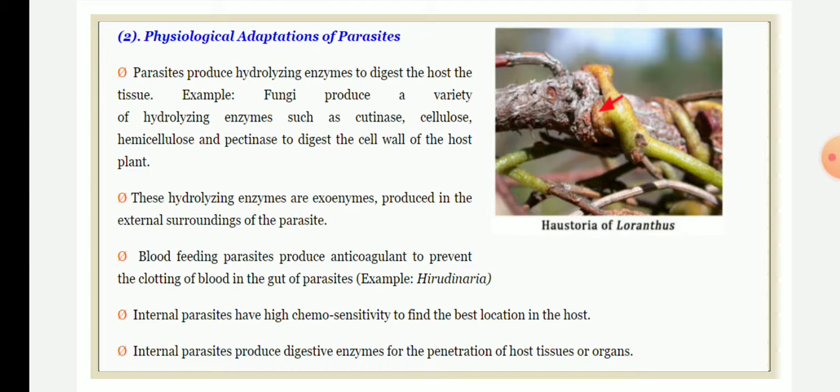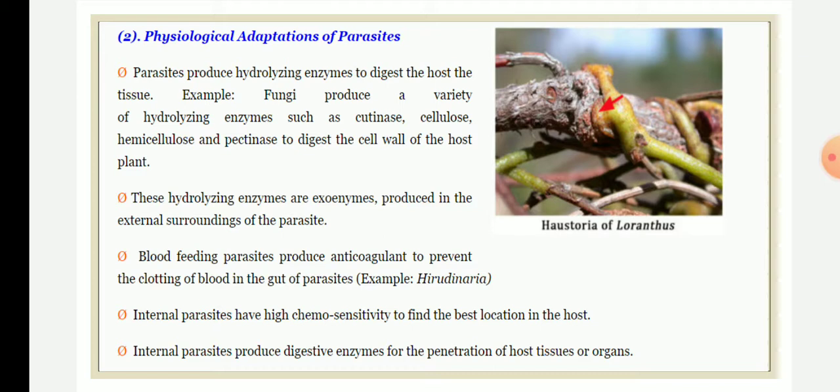These help in attachment, and also provide sucking or deriving of nutrients from the host tissue. Then in ectoparasites, for example Hirudinaria or Plasmodium, the blood feeding parasites have an anticoagulant.